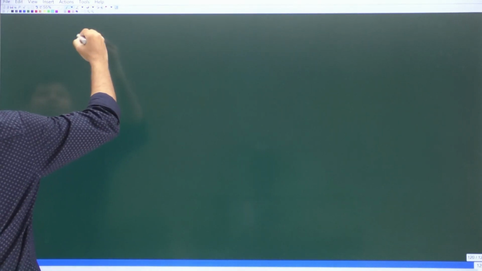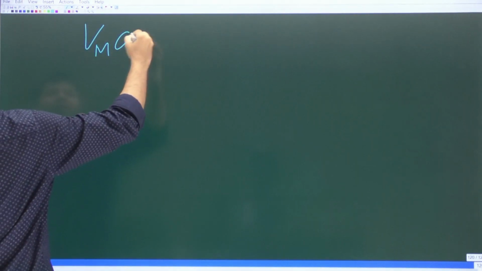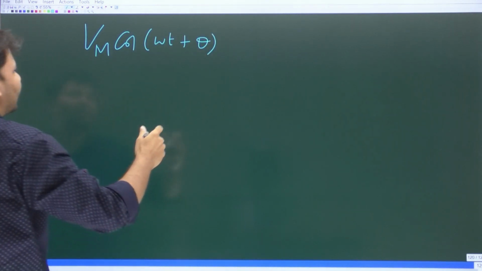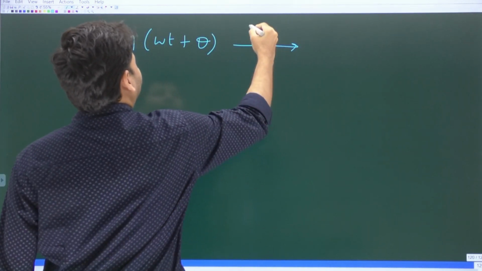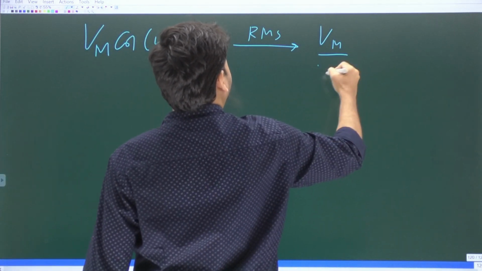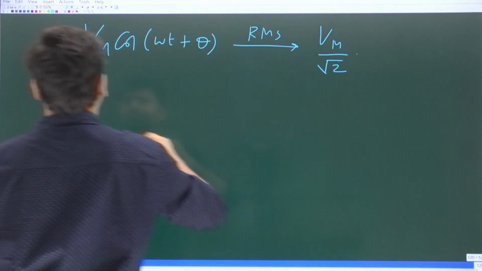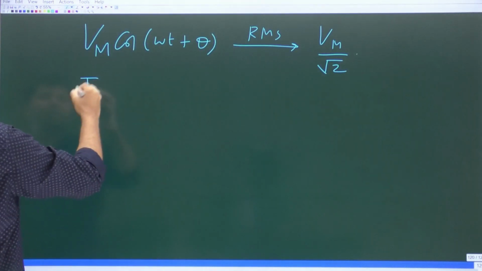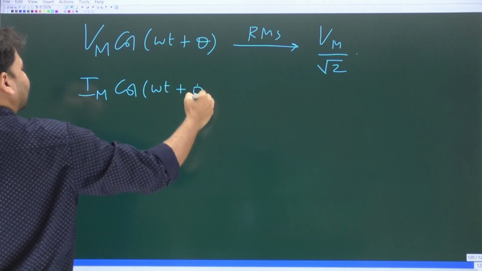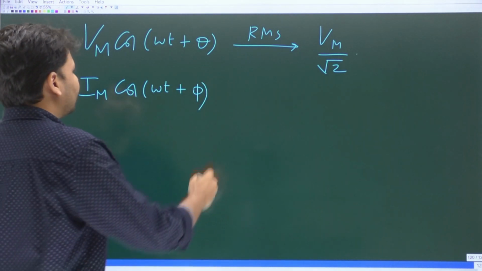So just to conclude, if you have a sinusoidal voltage, something like Vm cos(omega t + theta), then what is its RMS value? It is Vm by root 2. Similarly, if you have a sinusoidal current, Im cos(omega t + phi), even this has an RMS value.